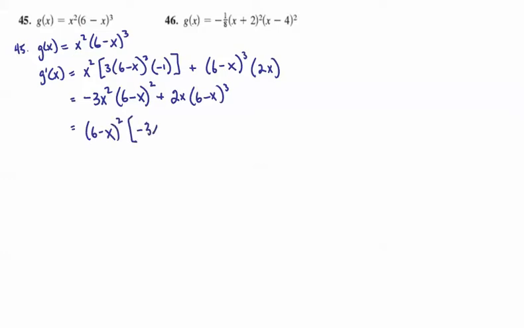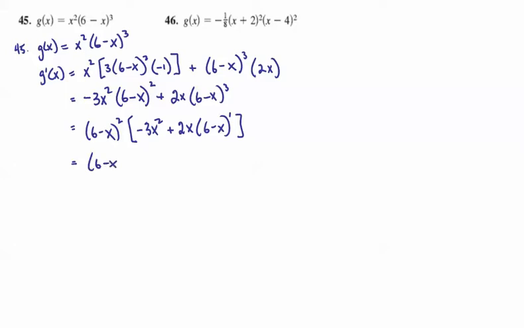That leaves negative 3x squared plus 2x times (6 minus x). When we multiply two numbers with the same base, we add exponents. So 2 plus what equals 3? 2 plus 1 equals 3.